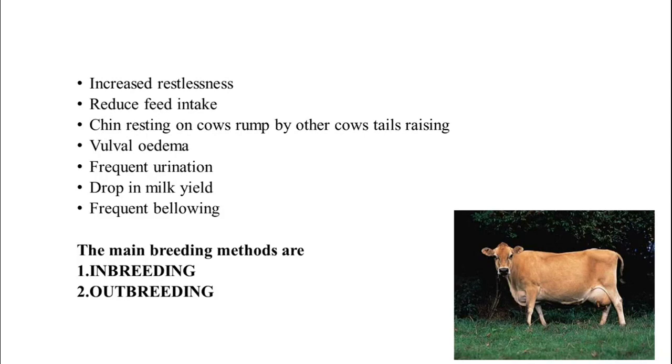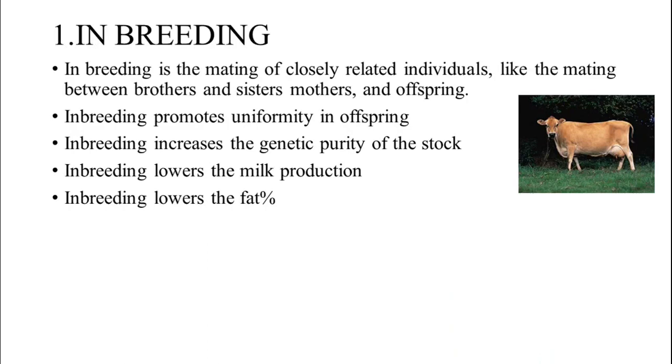Now we are going to learn about the breeding types. The main breeding methods are two types: inbreeding and outbreeding. What is inbreeding? The name itself tells us: breeding taking place between closely related individuals, for example, between brothers and sisters, and between mothers and offspring.